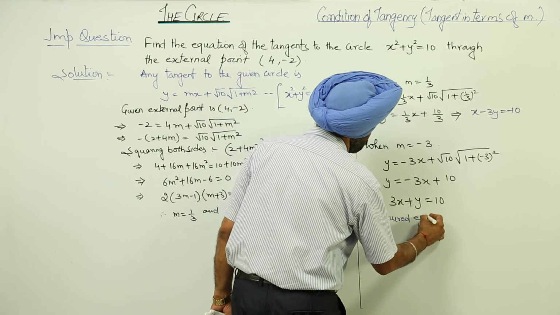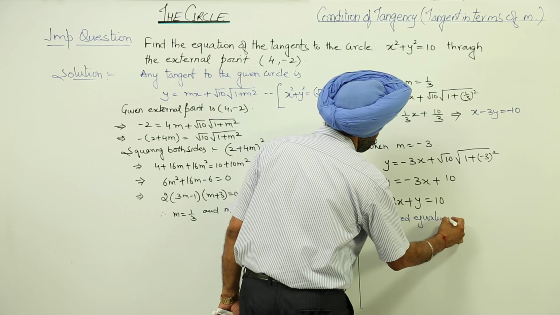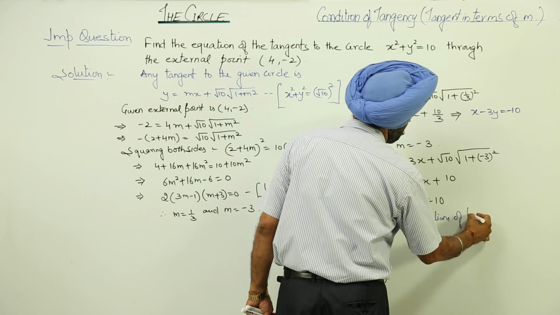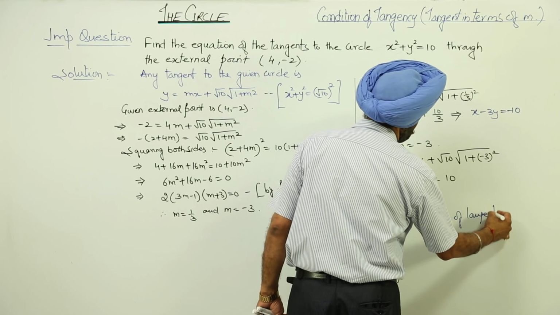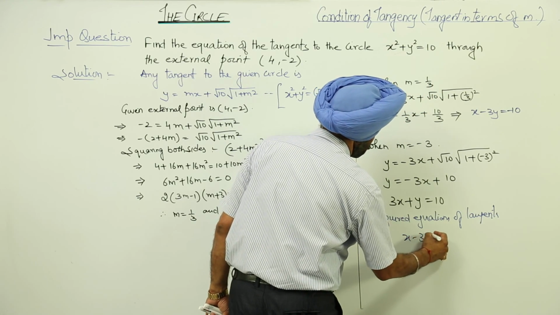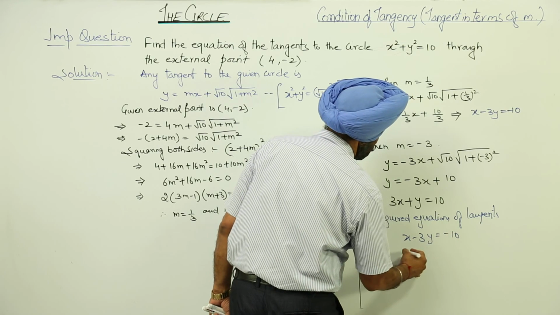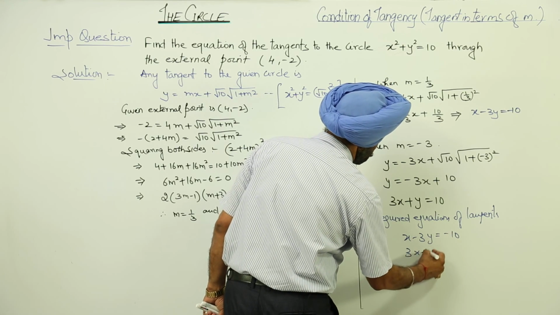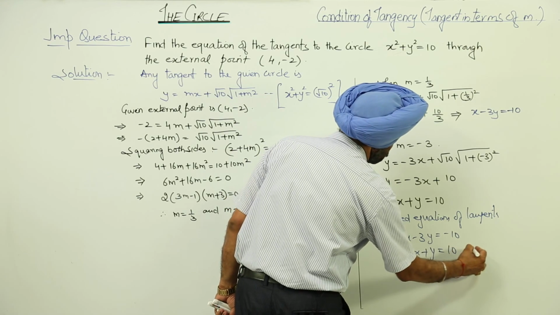So the required equations of tangents are x minus 3y is equal to 10 and 3x plus y is equal to 10. Answer.